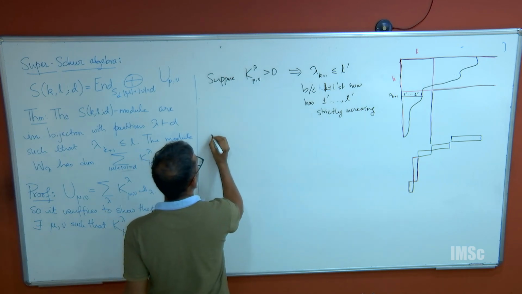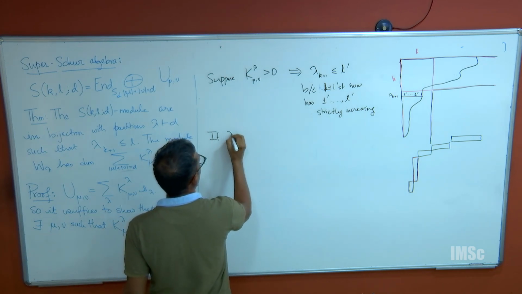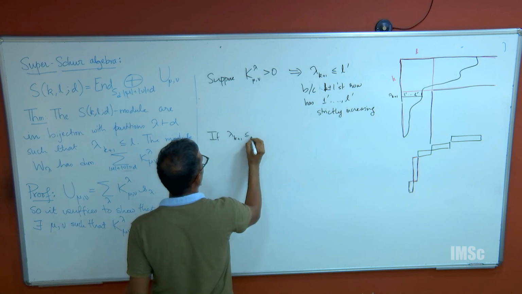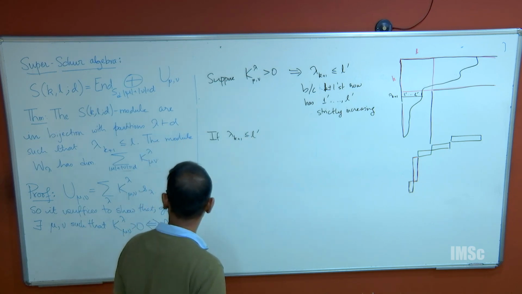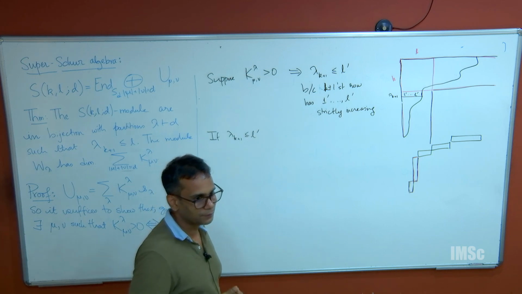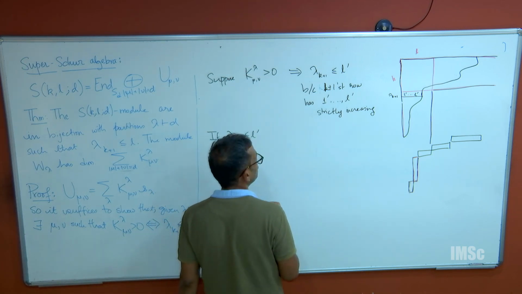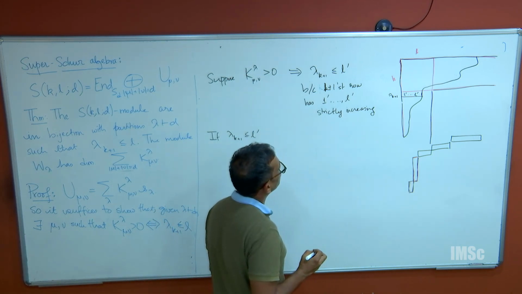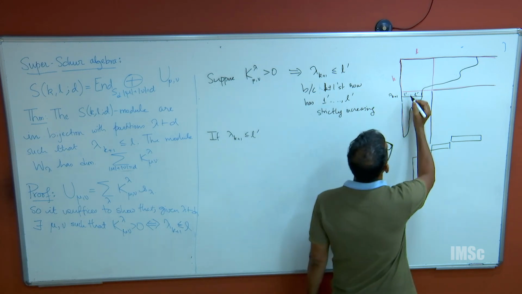Okay, so what about the converse? If lambda k plus 1 is less than or equal to L prime, then I must find mu, nu and a super standard tableau, right? So what I will do is I will just take this thing to be mu.